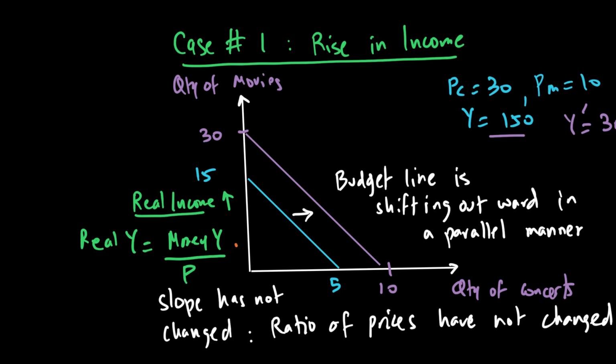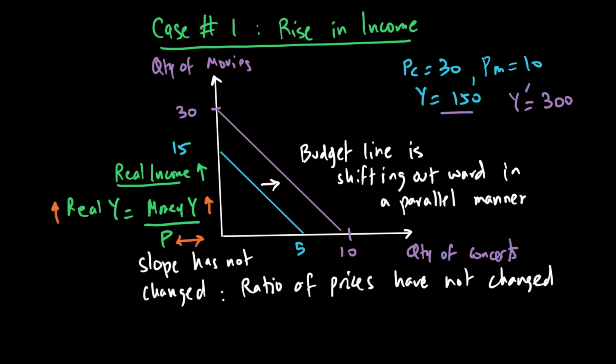So if your money income is going up and the price level is the same, your purchasing power is going up and your real income will go up. So that's the story for a rise in income. A rise in income, given everything else is constant, will cause our purchasing power to go up, and the budget line will shift to the right in a parallel manner.